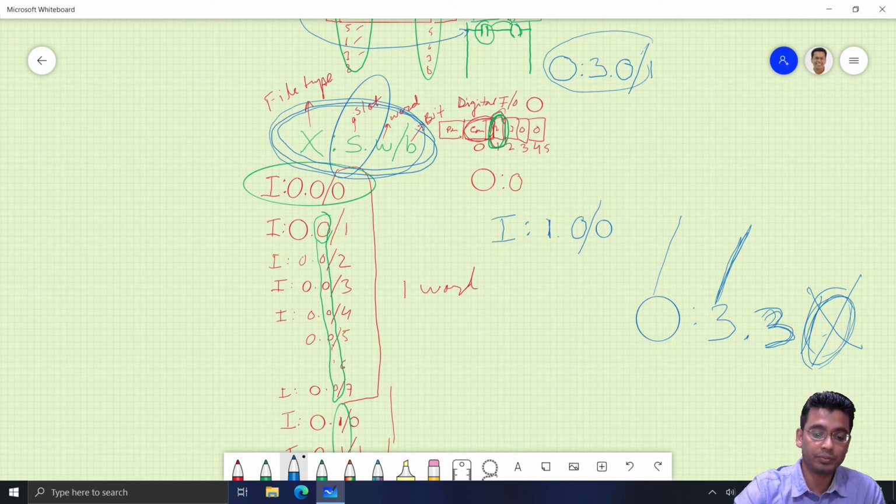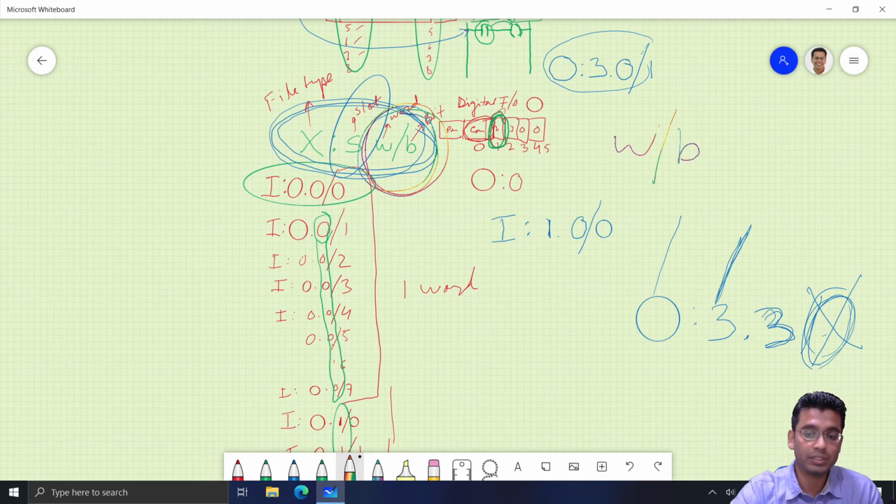This portion here is word slash bit, so for the digital case you have to divide every word into some number of bits. For example, 0/0, 0/1, until that word is complete, only then you can go to the next word, again 1/0, 1/1 like this. But for analog input and analog output, no bit value will be here. The addressing would end only with the word value, up to this much.